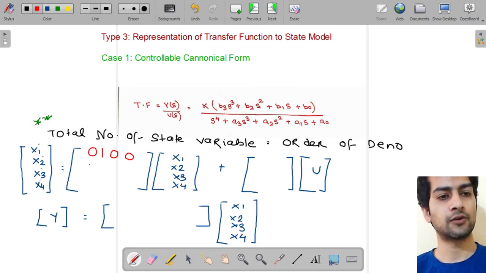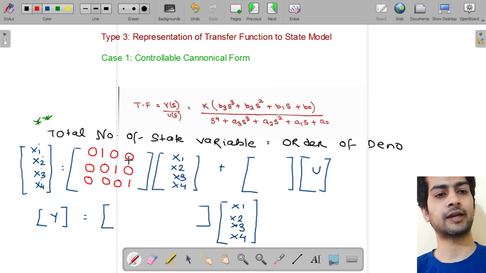For the second row, we will shift this 1 towards the right hand side. For the third row, we will again shift this 1 towards the right hand side. This is clear. For the second and third row, keep shifting the 1 one step towards the right hand side.